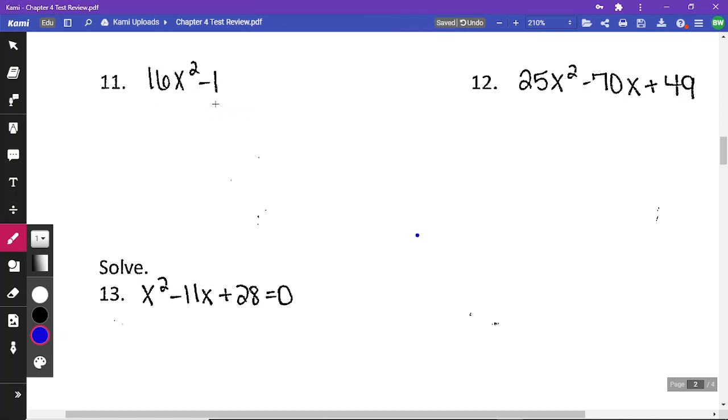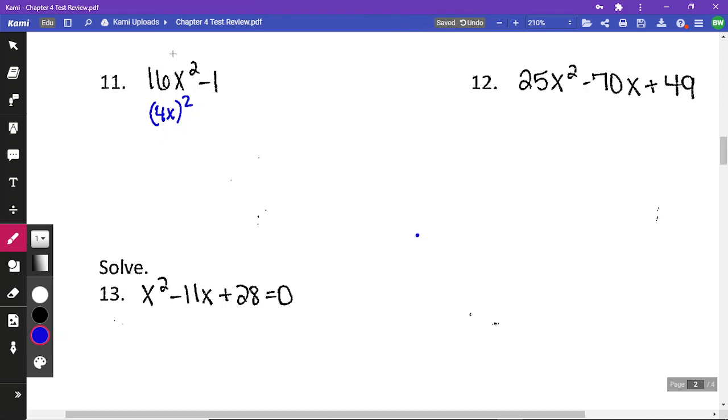And remember, when you have difference of squares, the first step is, you can do this in your head, but I like to write it down. You write these down as a difference of squares. So 16x squared is 4x squared. Now we have something that's squared, specifically 4x is squared.